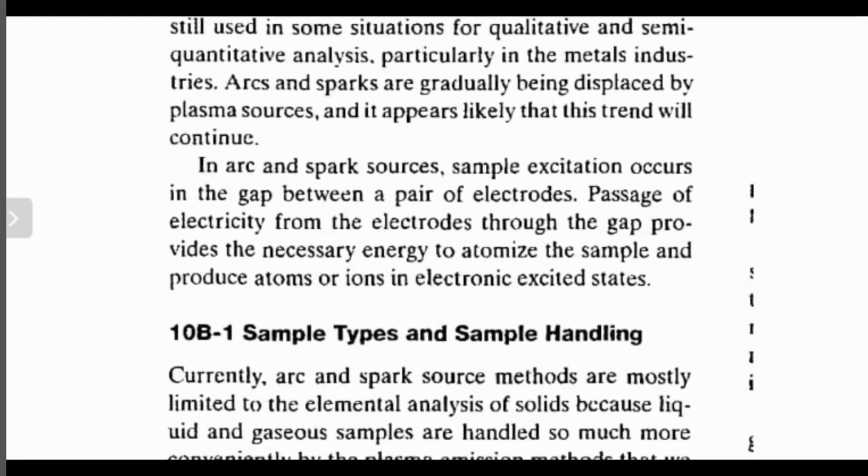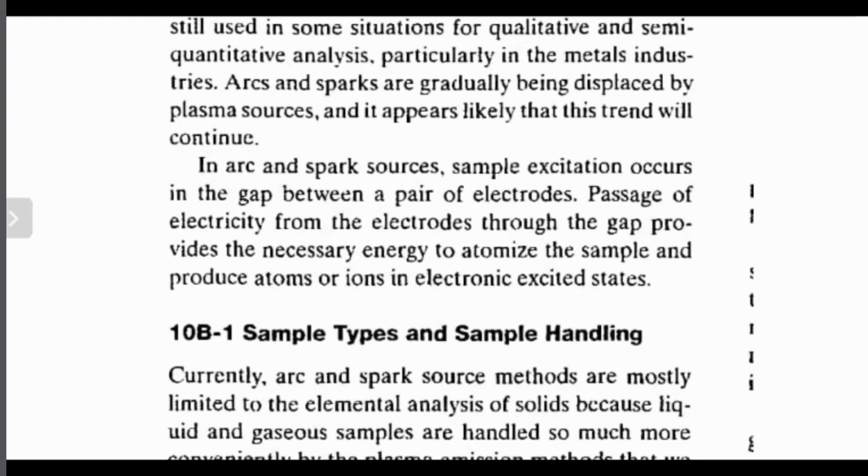So the excitation in the arc and spark sources is done by using a pair of electrodes. Again, for the excitation we will require two electrodes. In ICP and DCP also, in ICP we are using a radio frequency coil and gases, and in DCP we are using two graphite electrodes as anodes and one central tungsten electrode.